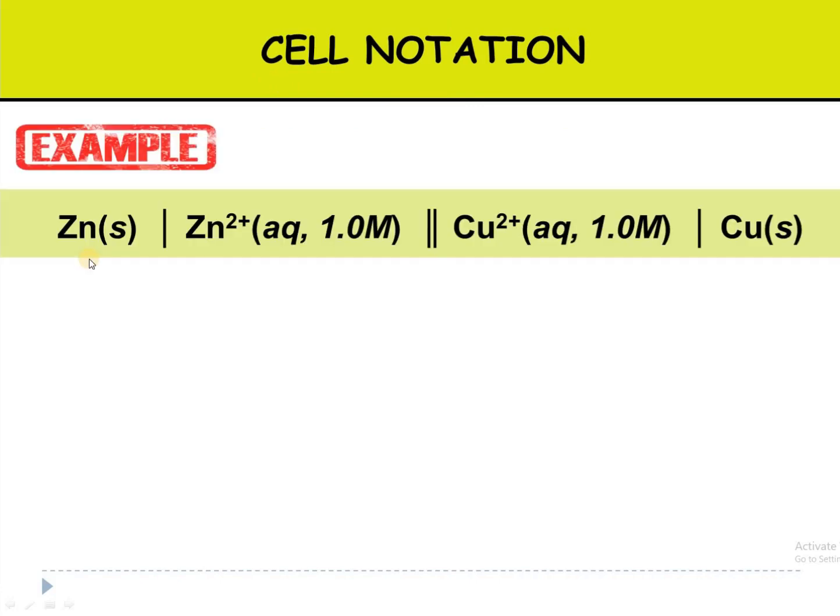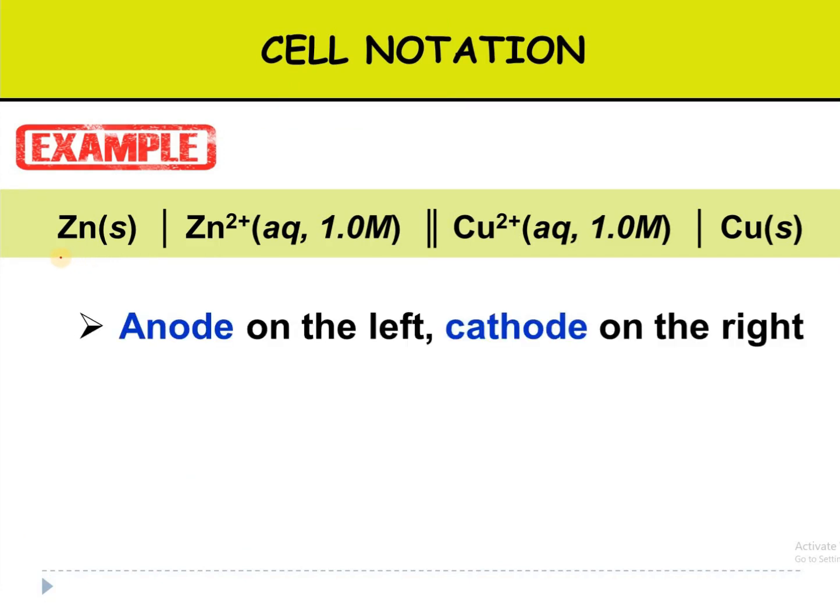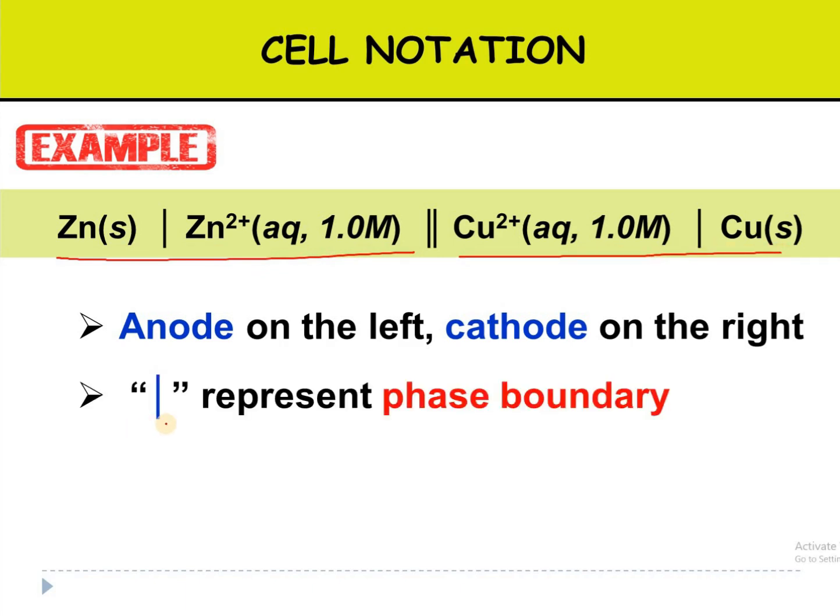How to write the cell notation? This is one example of how to write the cell notation. From the cell notation, students must know the anode oxidation is on the left and the cathode reduction is on the right. Second, the single slash represents a phase boundary. For example, at the anode it separates the solid phase and the aqueous phase, and at the cathode side it separates the solid electrode and the aqueous solution.